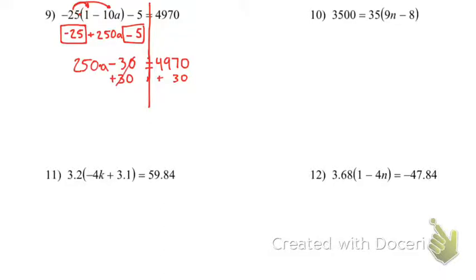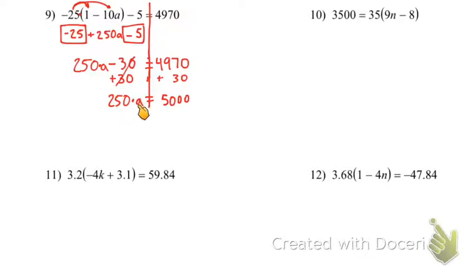Okay, so we're left with 250 times A equals, and then if you need your trusty calculator, go ahead and get it out. 4,970 plus 30 is basically 5,000. Okay. And we're almost done.